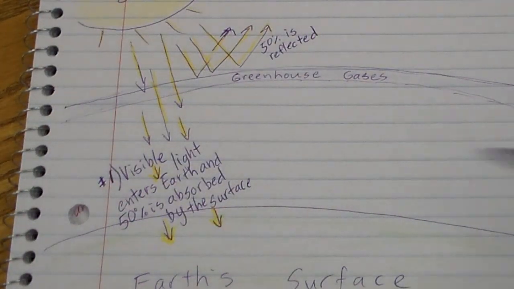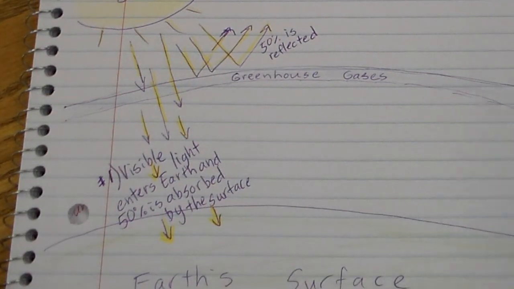And as we know, this visible light is going to be shining on the ground. It is radiation transferring heat from me to you. So that means the ground is going to get warm.